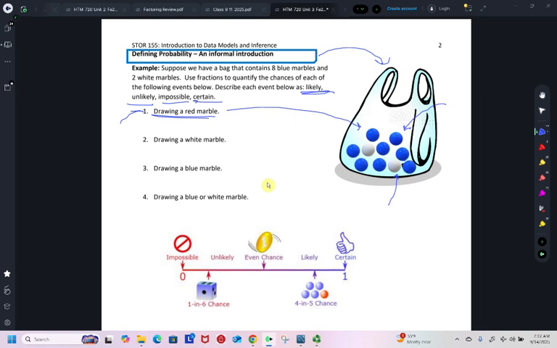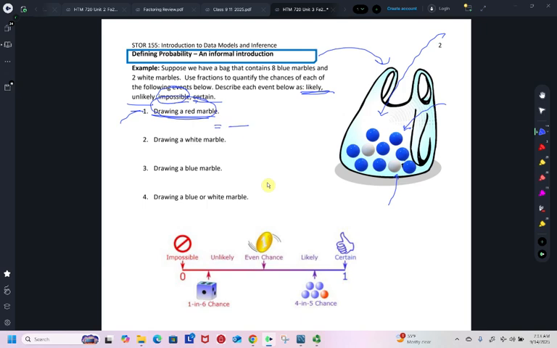What do you think? Well, I will think that since this bag only contains blue and white marbles, the event that I'll draw a red marble out of this bag would definitely be impossible. So in other words, even though I am going to put my hand in this bag, I have about 10 chances of drawing any marble.